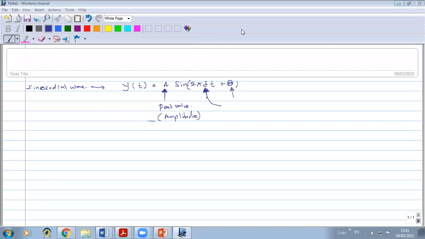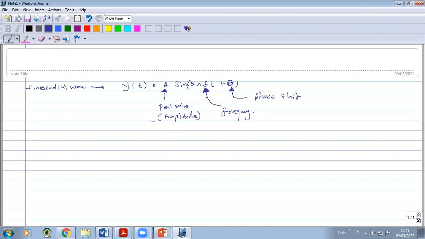Yes, thank you. That is the frequency. So this is the frequency. And what is this θ? We call this the phase shift, no? This is the phase shift.